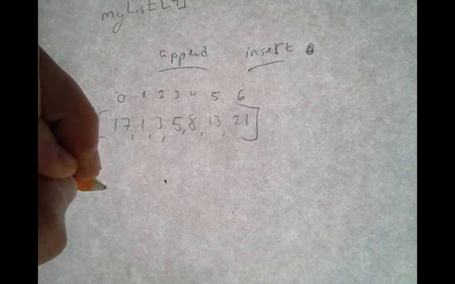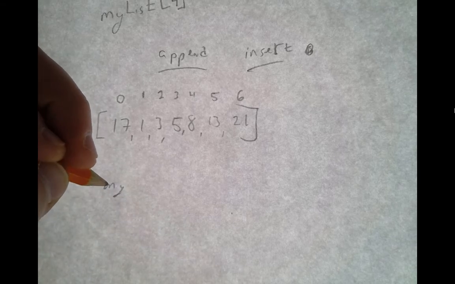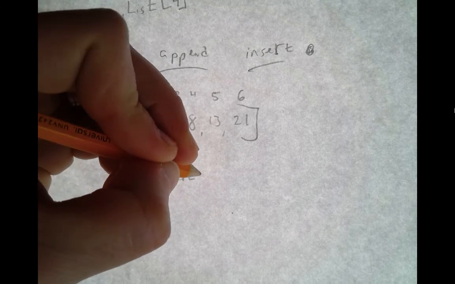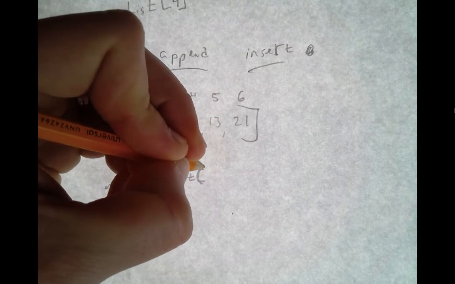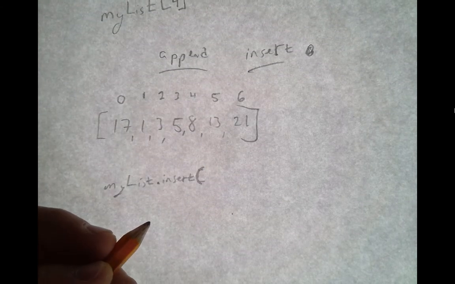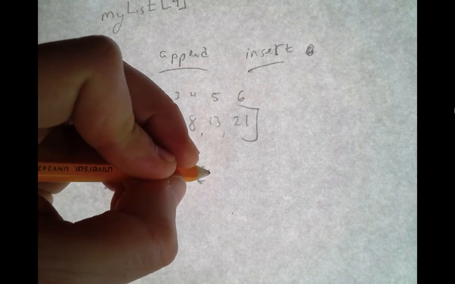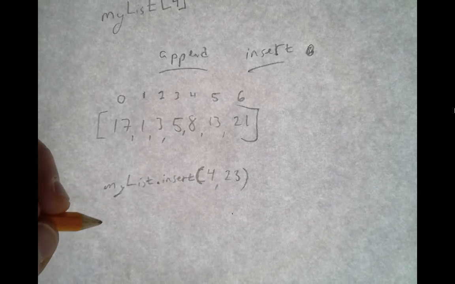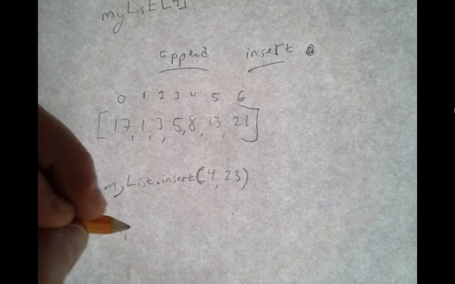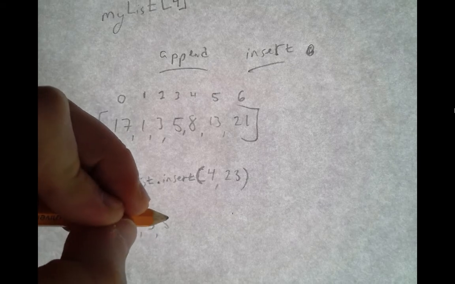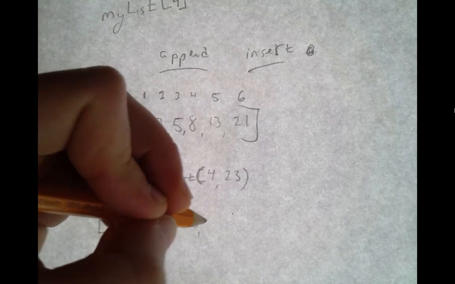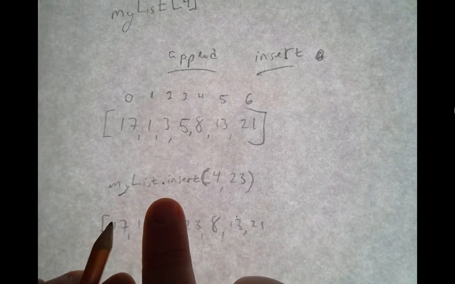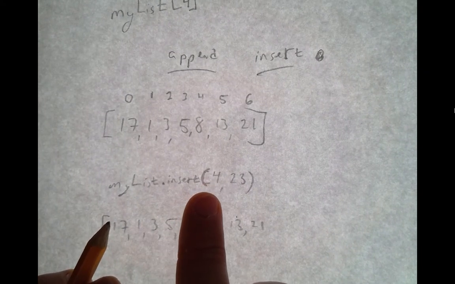We said my list dot insert in parentheses, not a square bracket because we're calling a function, and the arguments that I sent were 4 and 23. When I did this, the list that I ended up with then was 17, 1, 3, 5, 23, 8, 13, 21. So what this is doing is it says go to index 4.